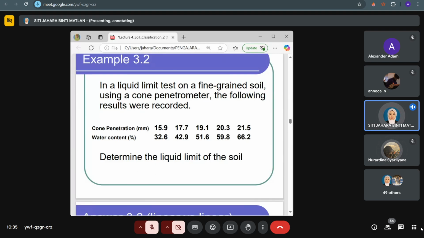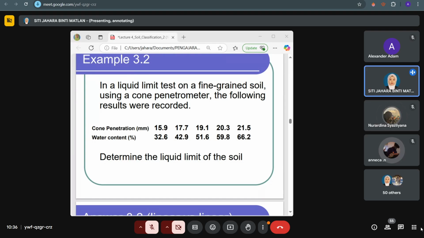Again we see some examples for this test. Example 3.2: you are given a set of data from a cone penetration test on fine grained soil. This is the table with cone penetration in mm and water content in percentage.